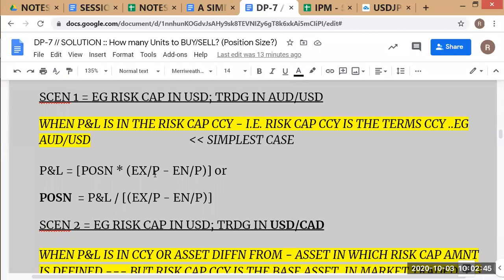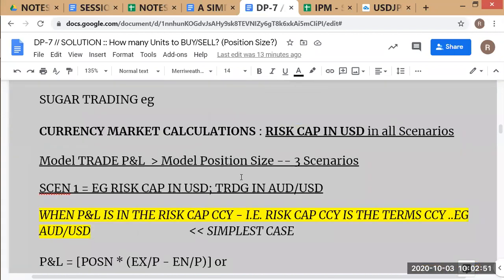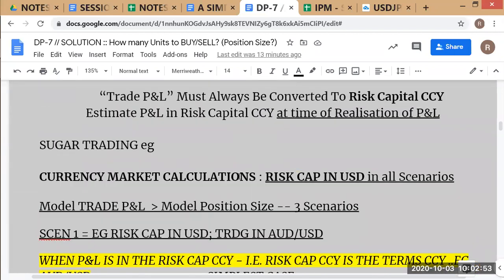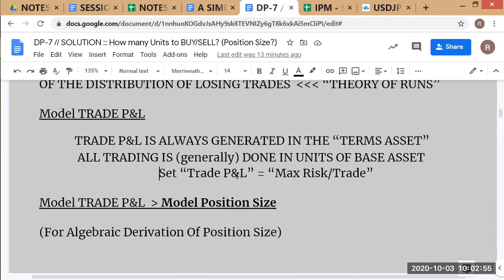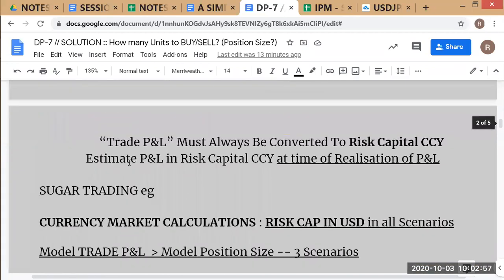times exit price minus entry price. And I think I've written it somewhere here, we have one more principle we will write down here.